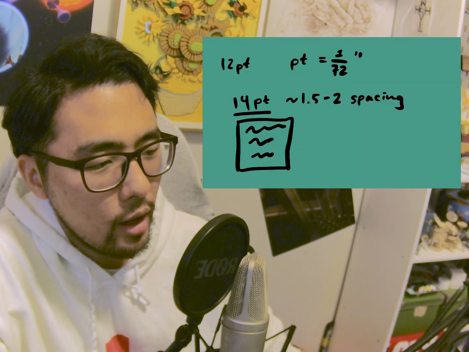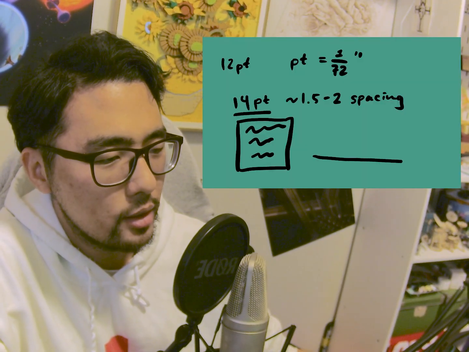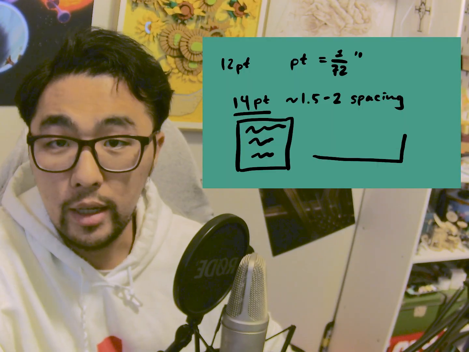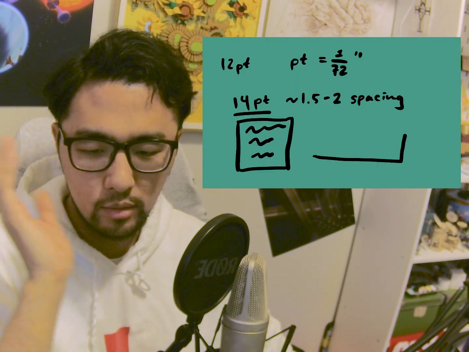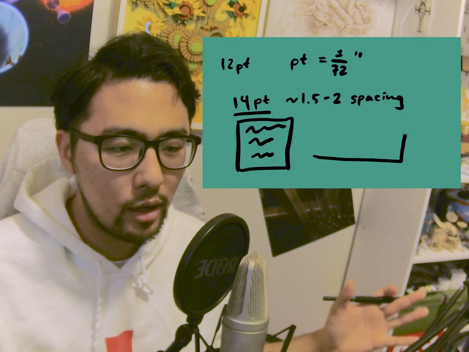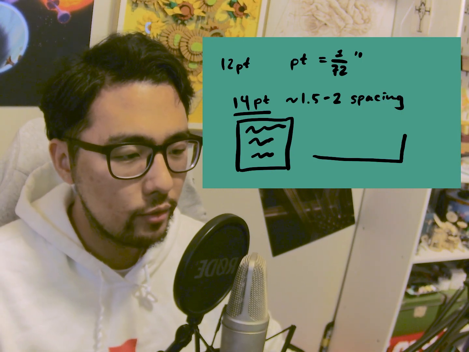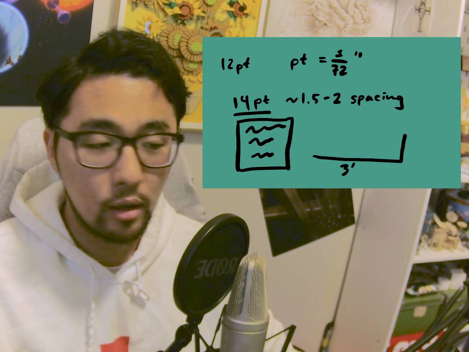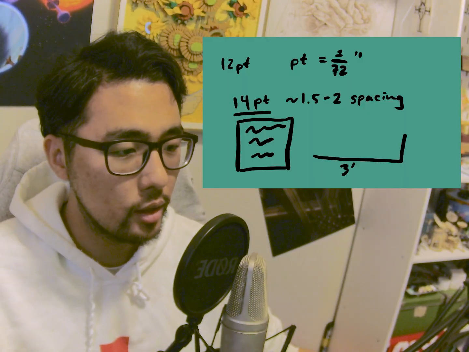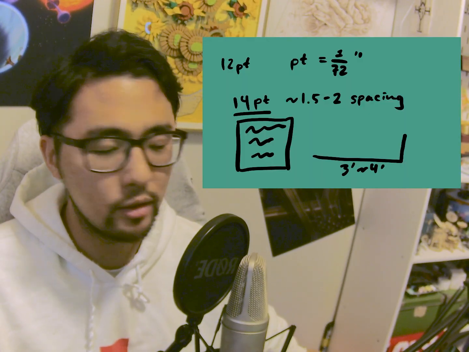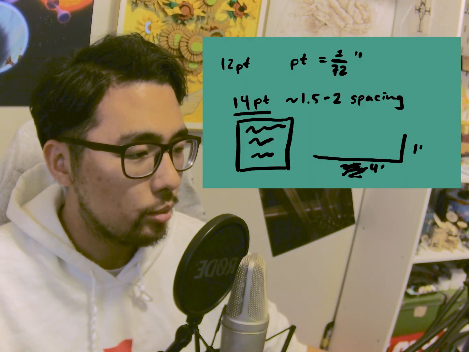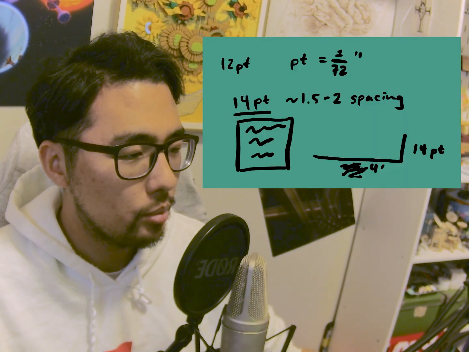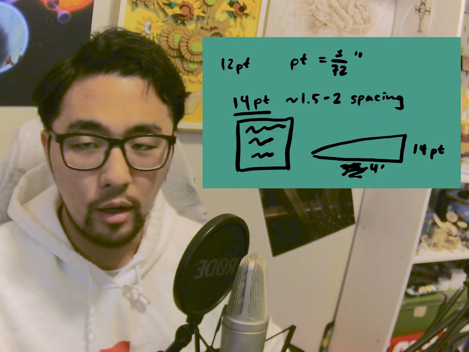And the distance this paper usually is from your eyes would be about 3 to 4 feet. Let's be generous and say it's 4 feet. 14 points is something that you can read comfortably at 4 feet.